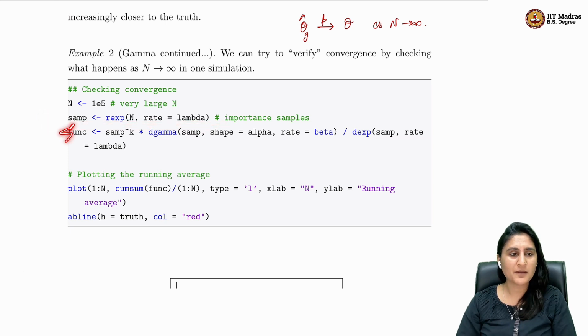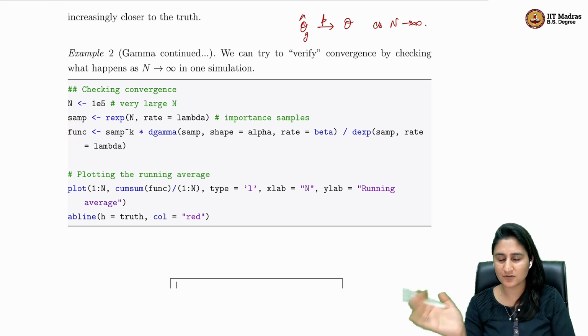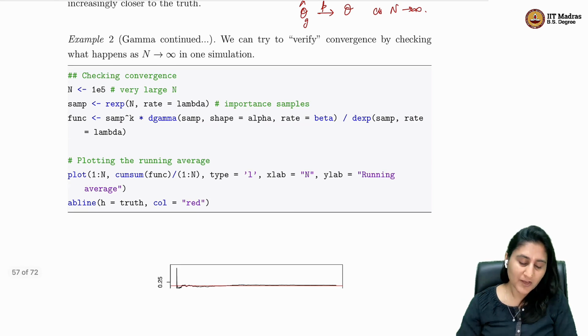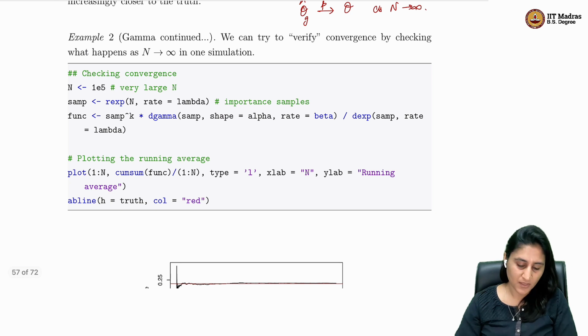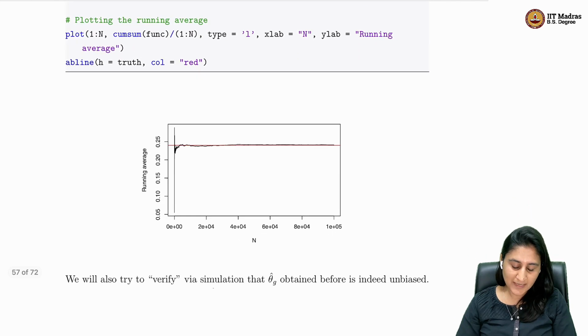Then again, I calculate my sequence of h times f by g, but I don't average them just yet. What I do is a running average. On the x-axis, I plot the sample size, and on the y-axis the corresponding average from that number of samples. So this will plot a running average. And what I get is this line.